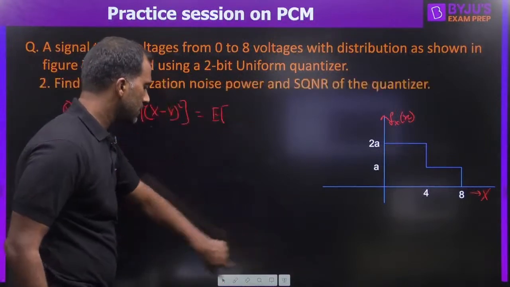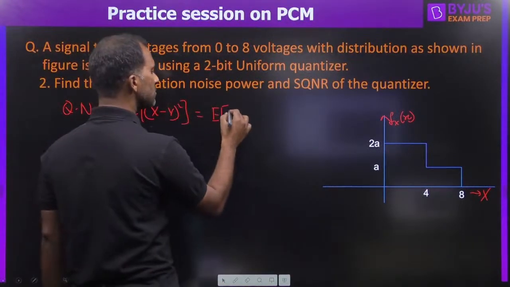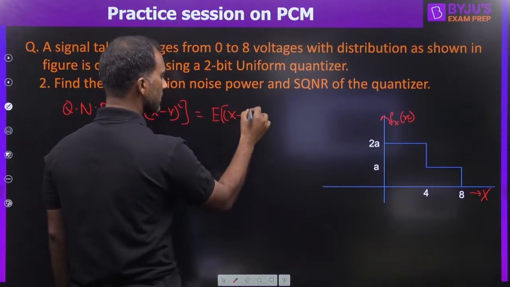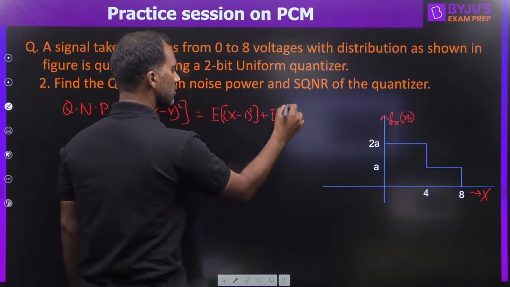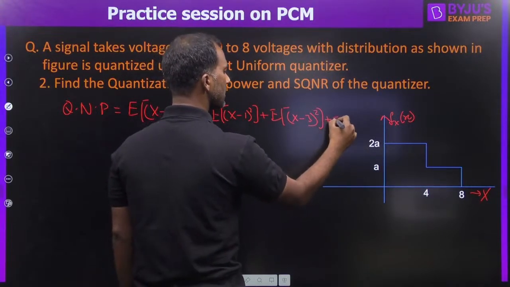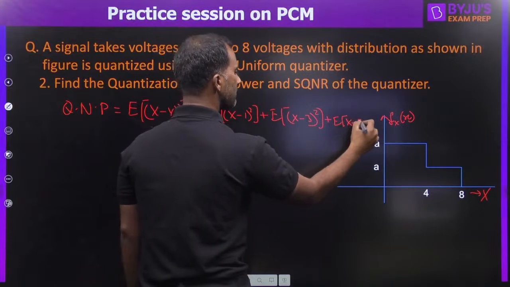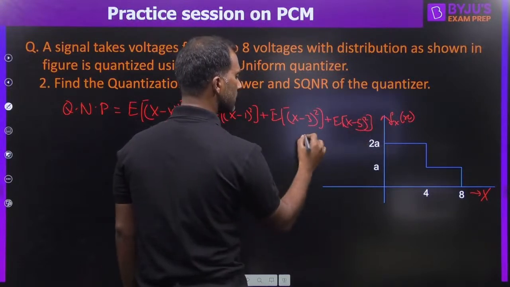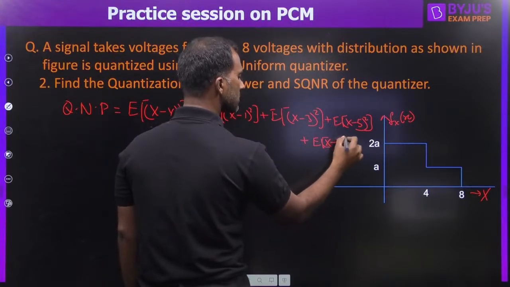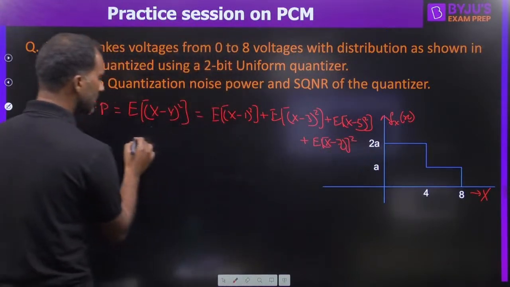For different regions, we do it differently. So the total is expectation of x minus 1 whole square plus expectation of x minus 3 whole square plus x minus 5 whole square plus x minus 7 whole square. That's it. So let's solve it.